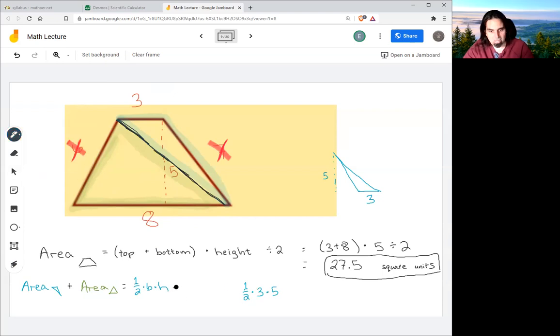We also want to add the green triangle. That one looks better. So 1/2 times base times height for that triangle. That's not a plus sign. Will turn into 1/2 times 8 times 5.